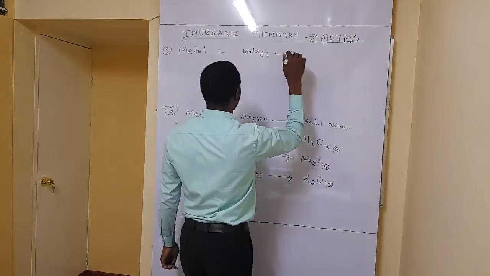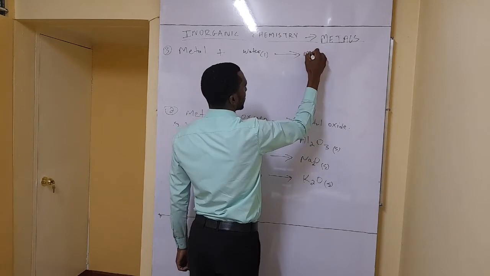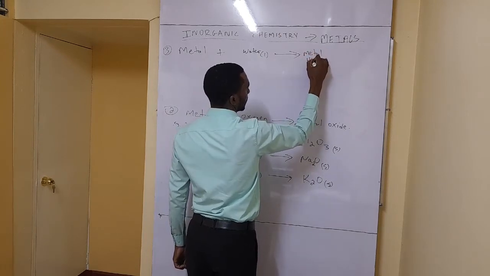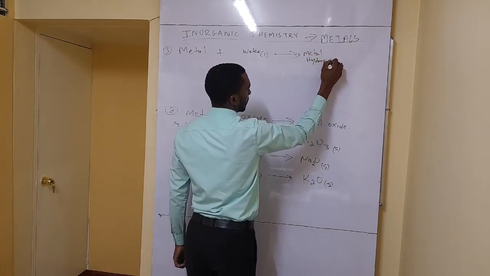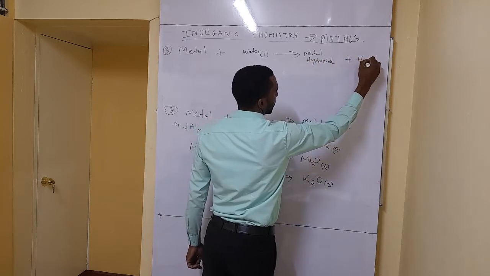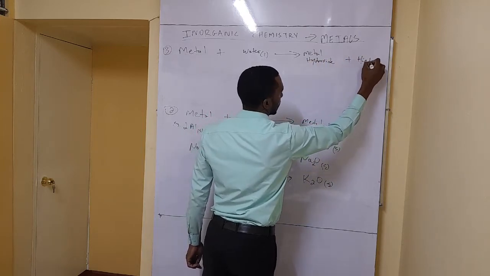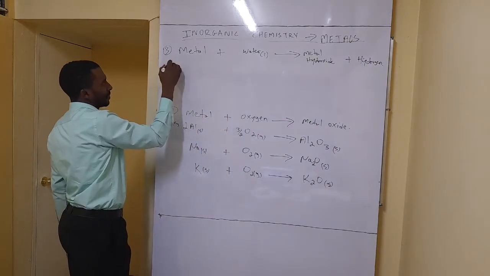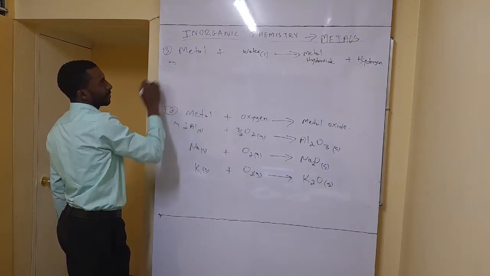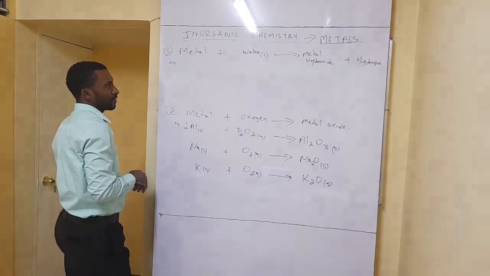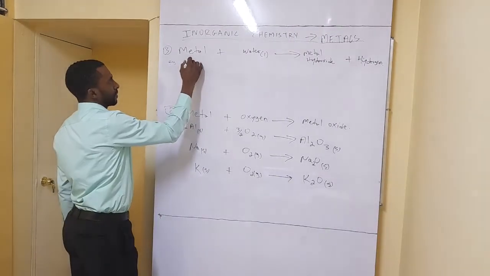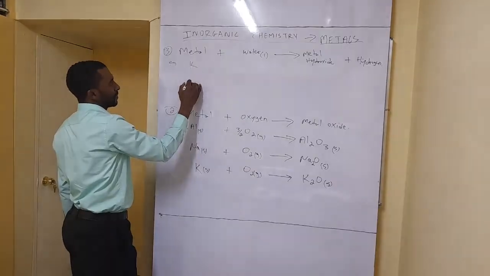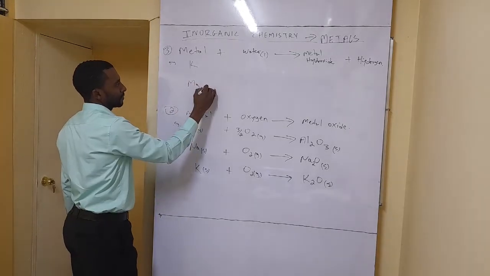It's going to produce metal hydroxide plus hydrogen. We're just using 2 examples in this case, right? Give me 2 metals. We can go potassium and we can go magnesium.